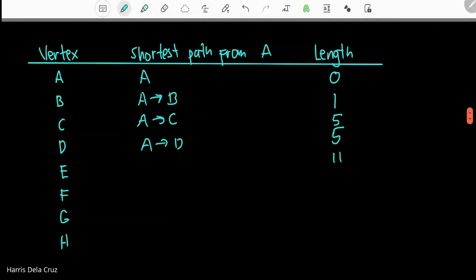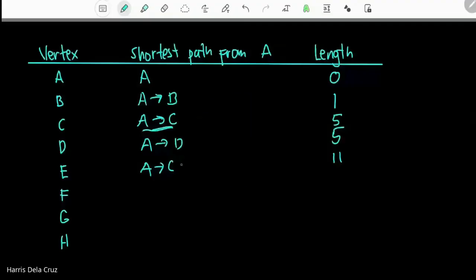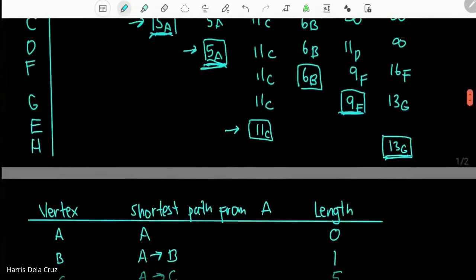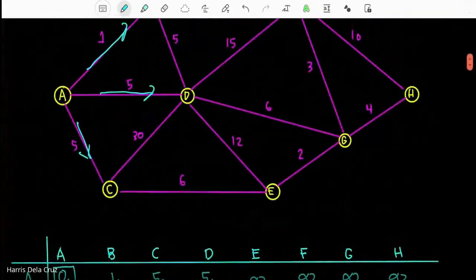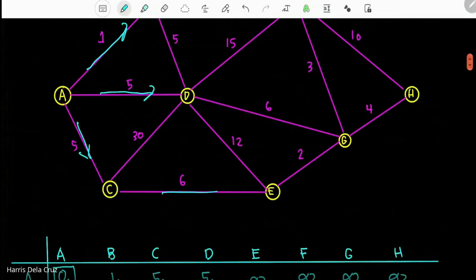We already know that the shortest path to C is A to C, and then from C, you can go to E. If you look at our graph, this is A to C, and then this is C to E. So that's the shortest path from A to E.